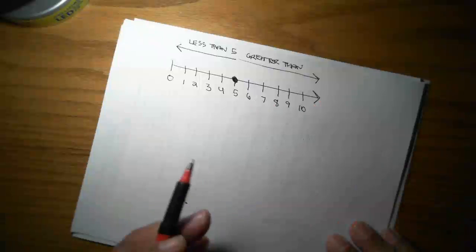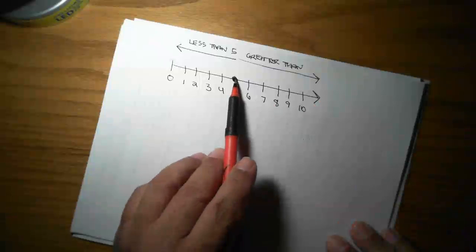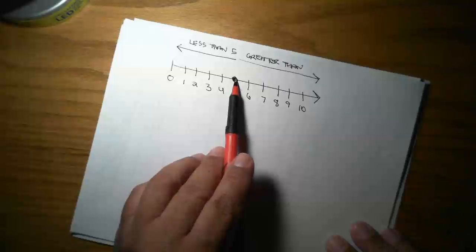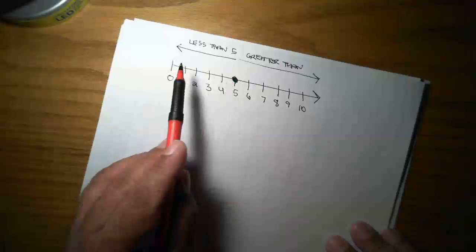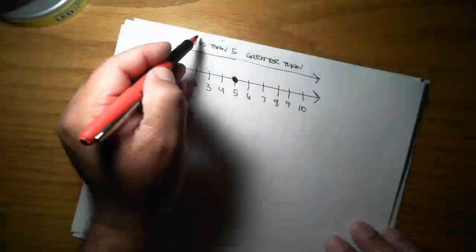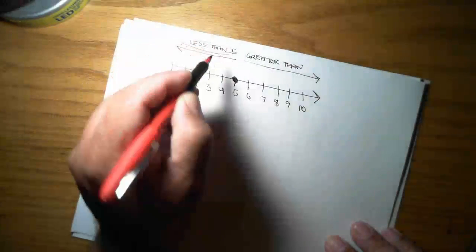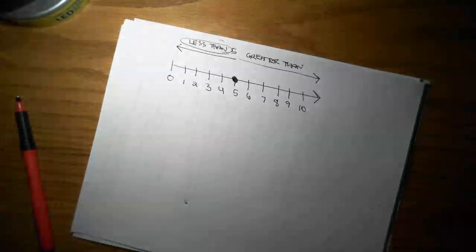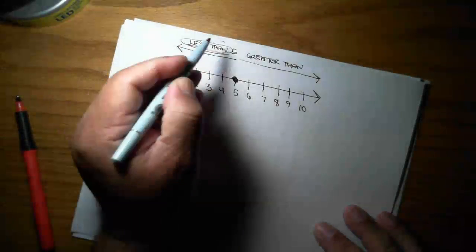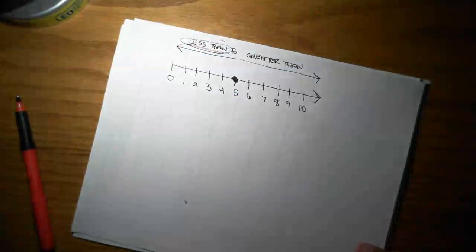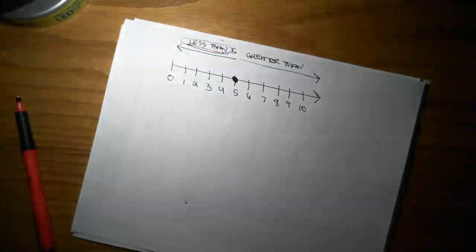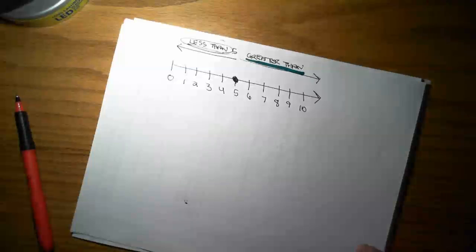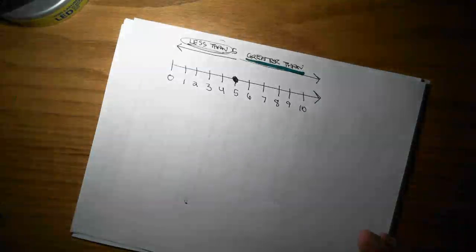Okay? So now that we're able to determine that from one point, everything to the left of that point is less than, everything that is to the right of that point is greater than, let's talk about the order relationship between two numbers.